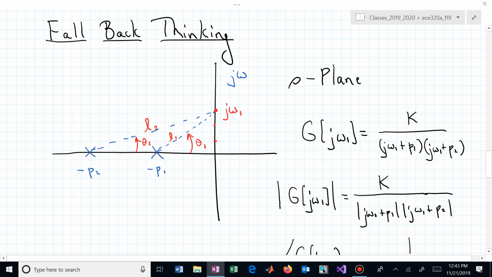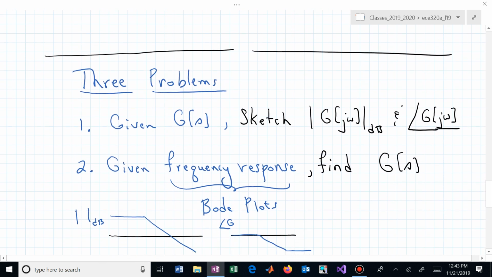You could then pick a couple of points on the imaginary axis and say, does my magnitude seem to match what I'm getting here at these two frequencies? And if it does, then maybe your plot is close. And our straight line approximation is going to be just that. It's an approximation, but it's a quick way to figure things out as far as what's going to happen.